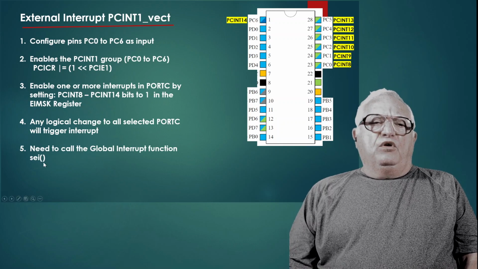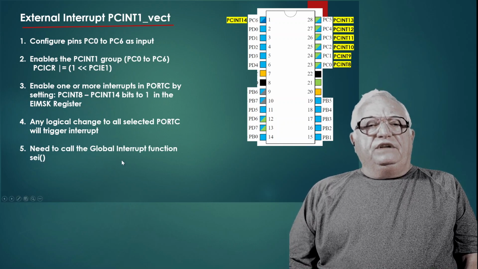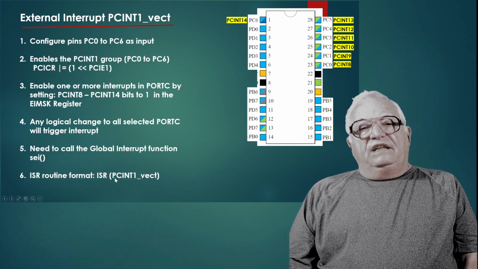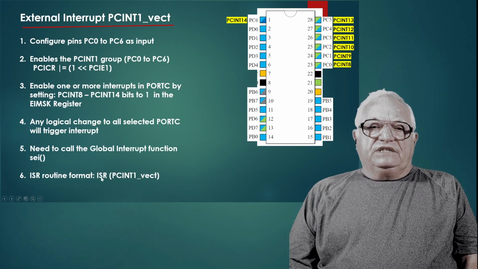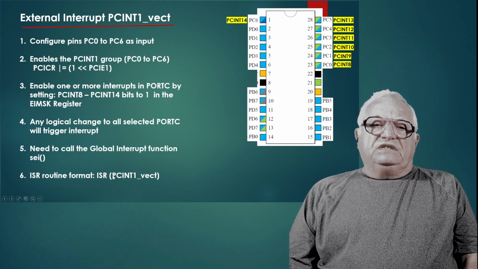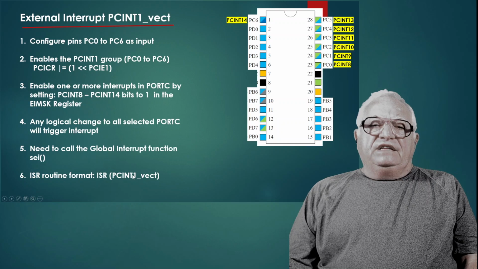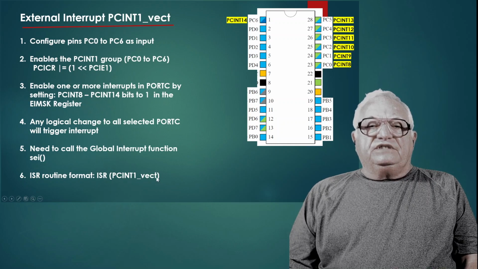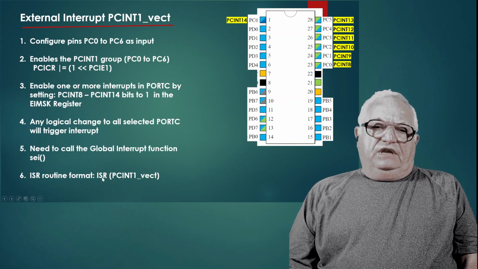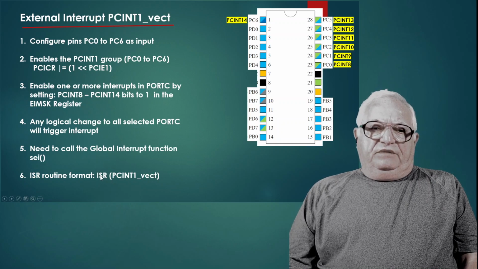Next, we always have to call the global interrupt. And finally, as I noted before, the ISR(PCINT1_vect) will be the header for the interrupt service routine.